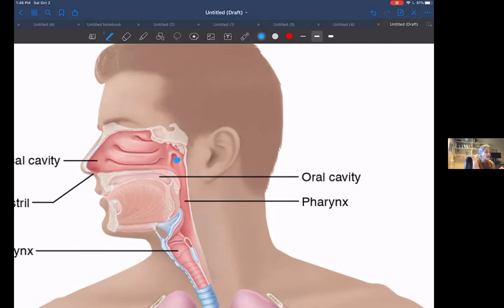And then we also have tonsils, sometimes referred to as the adenoids. These tonsils are really important because they are part of the immune system. As we breathe in, microorganisms and viruses come in too.